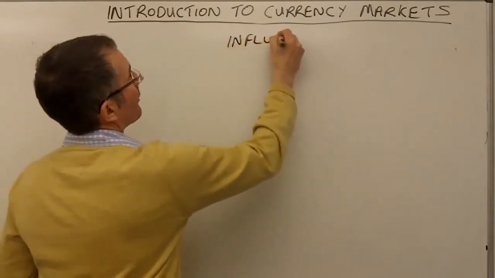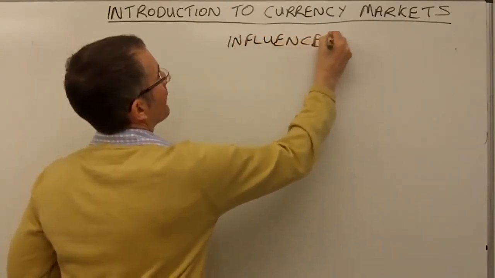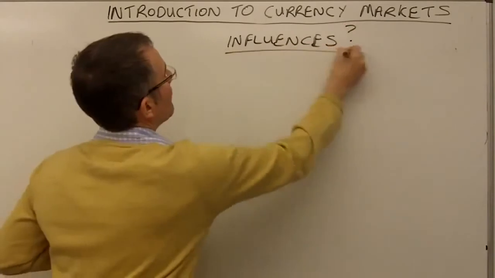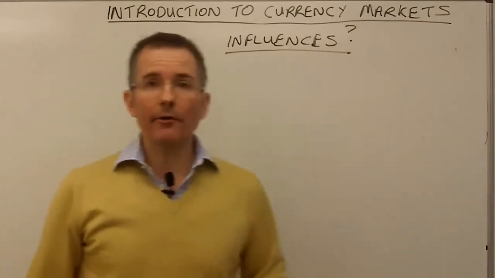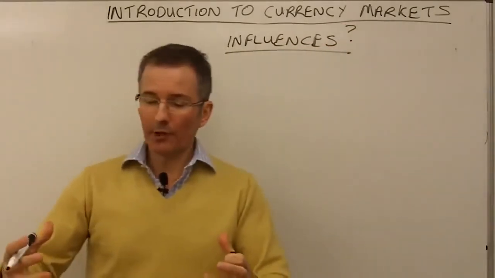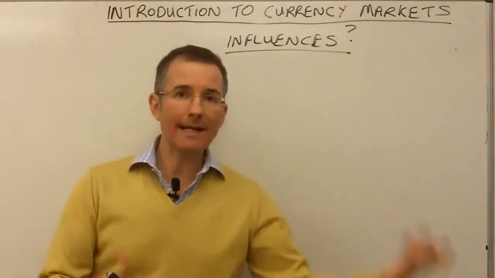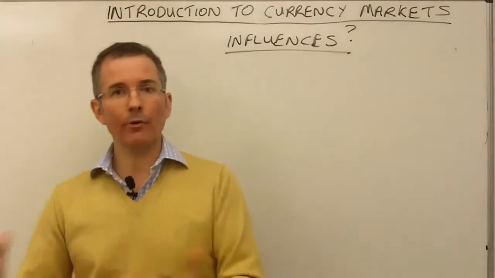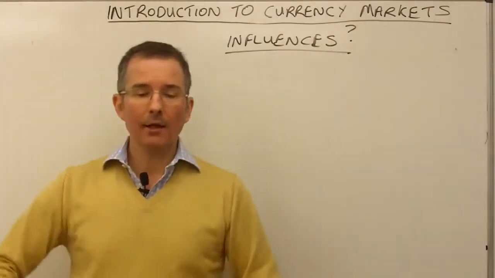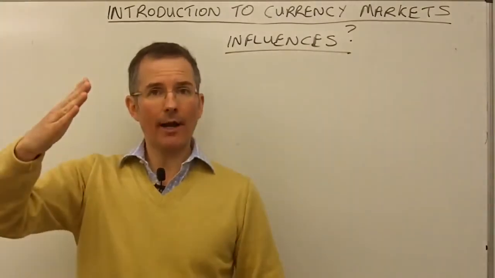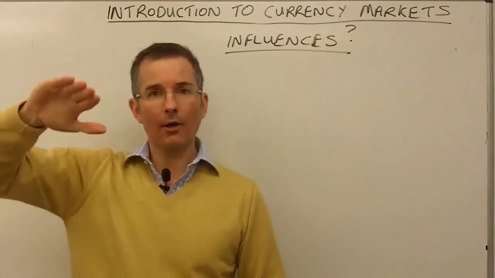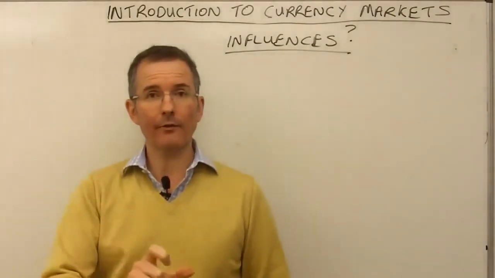And the answer is there are many factors. So what are the influences on a currency pair? So for example, that last one, what's going to change that rate from say 155 something to either 190 something or 125? What's going to move that around? What's going to make sterling strengthen, rise, or the dollar weaken, fall, or vice versa?